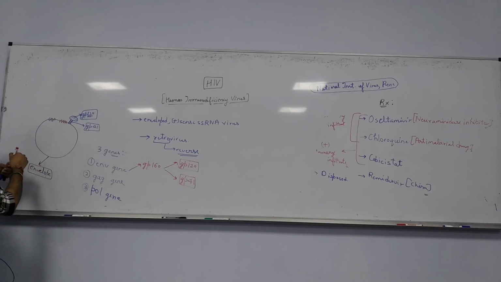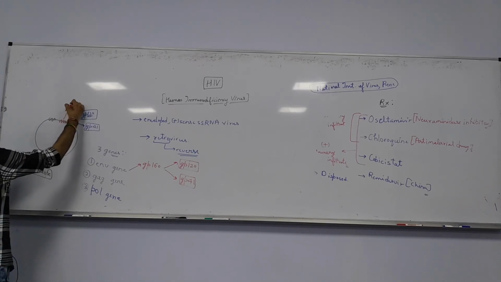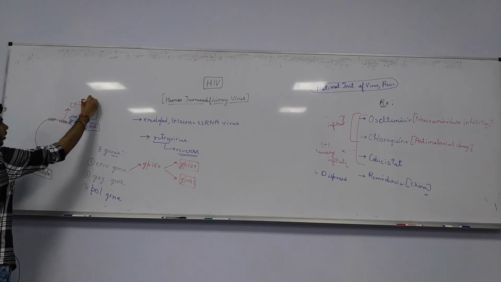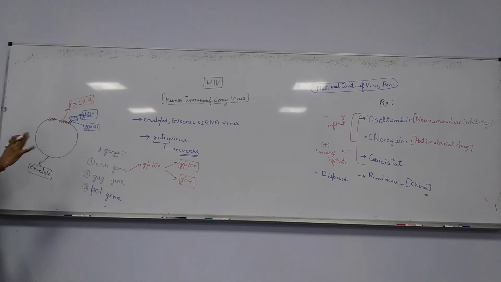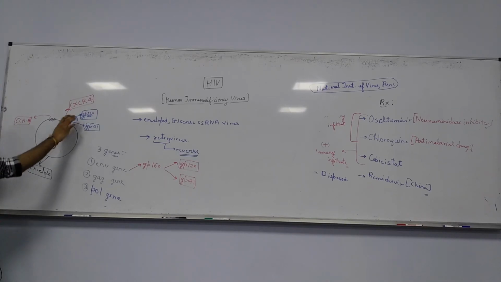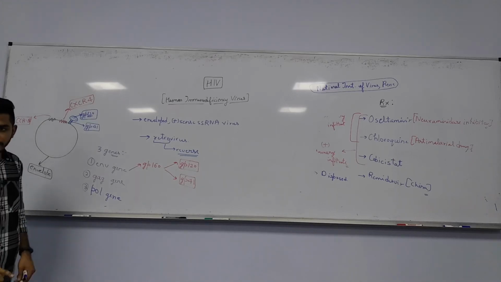This one is called CXCR4. What is its function? I will talk about that later on. And this is CCR5. So GP120, GP41, CXCR4, CCR5.